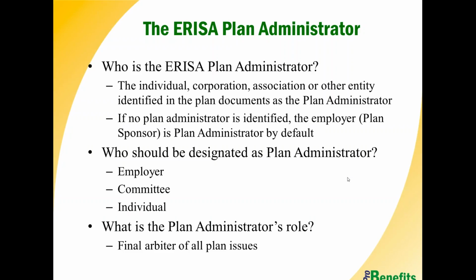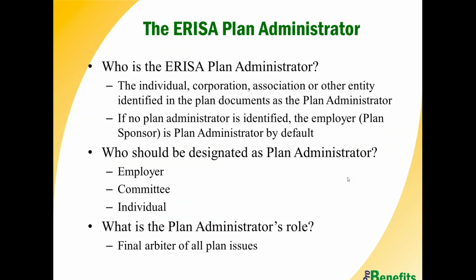Chris, a couple of questions. That's a good explanation. First, from an employer perspective, if we are not sure whether we have named an individual, committee, or whether our organization is the formal plan administrator, where would we look to find that out and to see if we have named someone, or if not, do we need to name them?